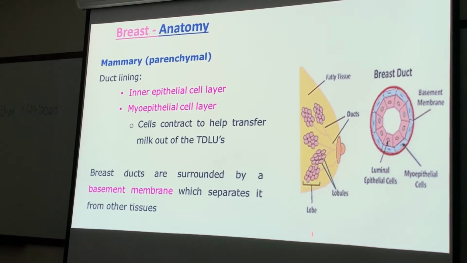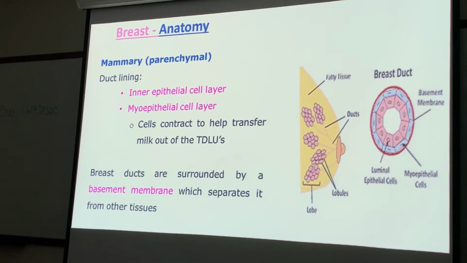All right, so you can see the ducts right there lining up. Guys, you see where it says ducts, the top one right there? What is that one? Extralobular. Where it says ducts right here, which one is this? That's the lactiferous duct or lactiferous sinus, because it's many extralobular ducts combined.